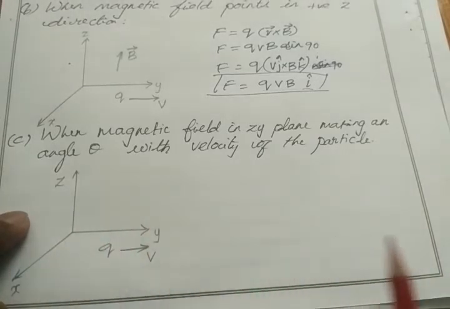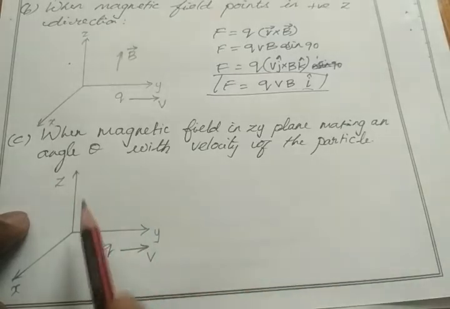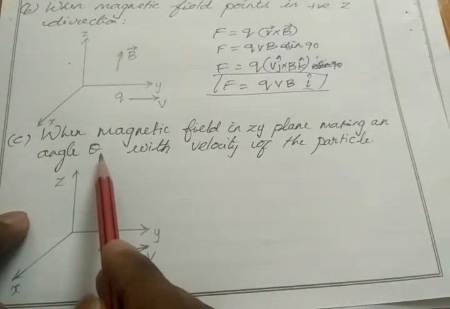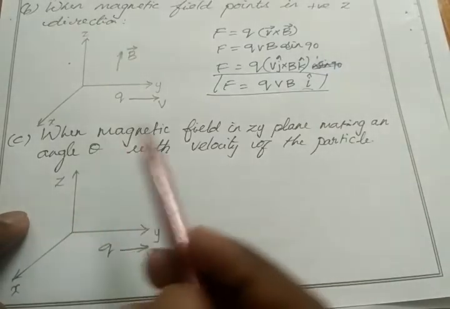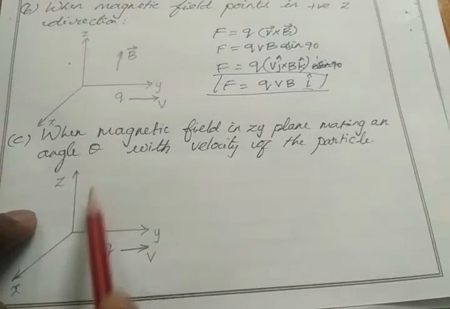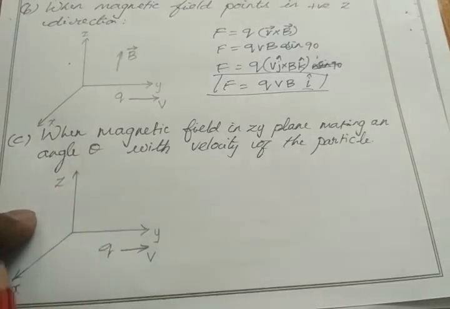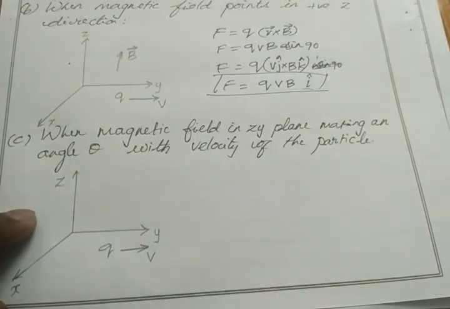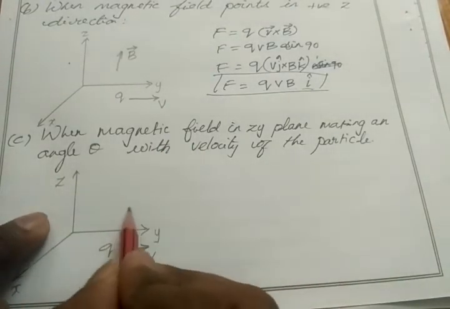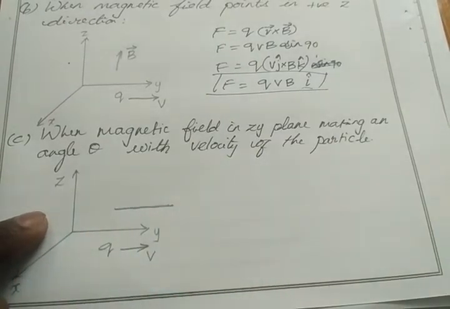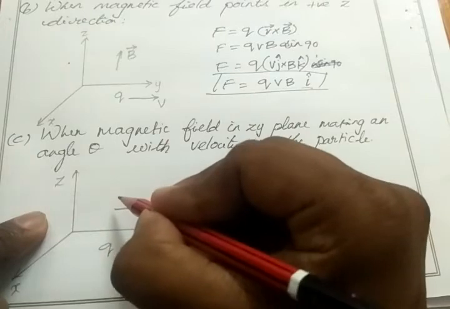It is not given as 90 degree. Okay, if it is given as 90 degree, then they say the magnetic field is in the direction of Z, right? If our angle theta is given as 90 degree, then it is given in the problem that the magnetic field is in the direction of positive Z. But it is not given positive Z. It is given, it creates an angle of theta with V. Okay, so this is my V, and my magnetic field creates an angle of theta.